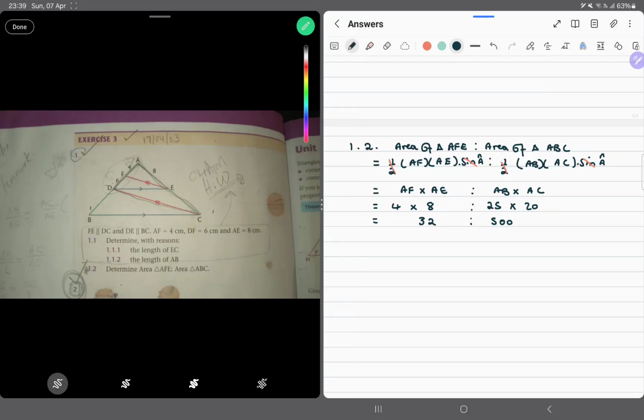But 500 doesn't divide 32, does it? No, it does not.